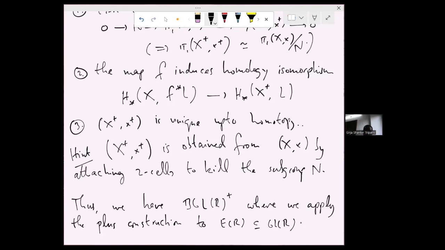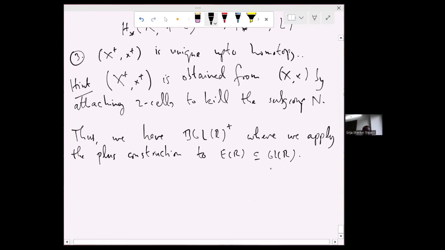This one is our pi 1 of BGLR plus. So thus we have found a space whose pi 1 would be K1 of the ring.